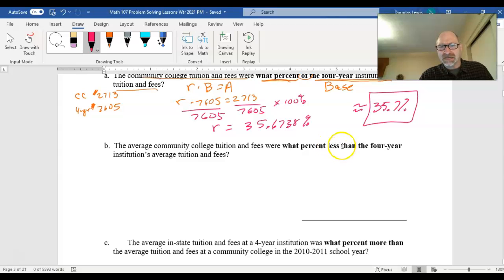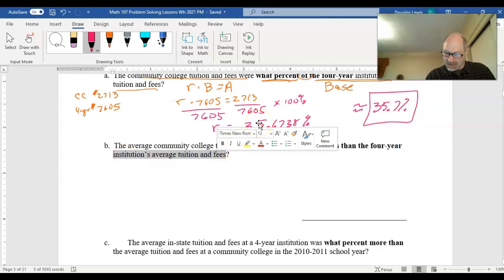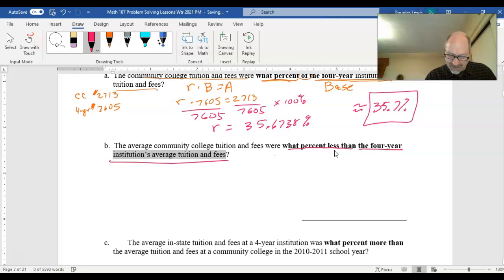It's still basing a comparison on the 4-year institution's average tuition and fees. So this is still the base. Less than, it's comparing it, what percent less than the 4-year institution's average tuition and fees? So that's still 76.05, still our base. But now they want to know what percent less than.